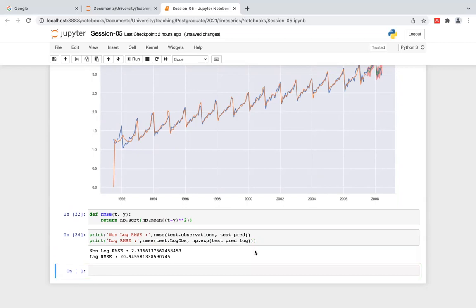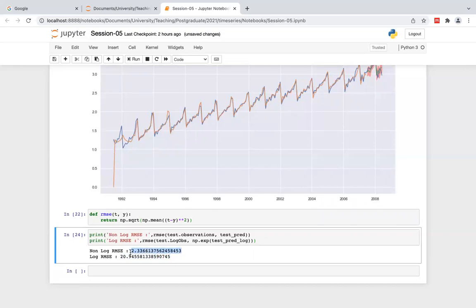We see. Yeah, that's what happened. In the log observation, log value, we have higher root mean squared error. The non-log data performs well in this circumstance. But previously, in the last lectures, we got much higher accuracy with log data. But in this case, it failed. Why is that?